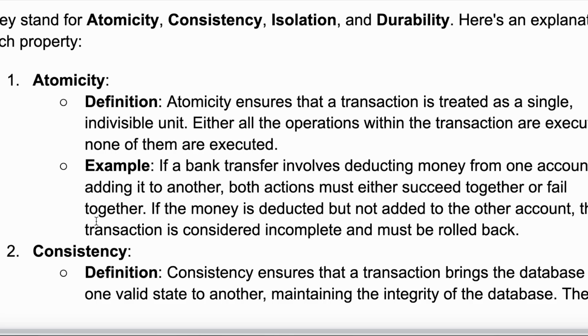Let's say you have a bank account, and a bank transfer involves deducting money from one account and adding it to another account. Both actions must either succeed together or fail together. If the money is deducted but not added to the other account, the transaction is considered incomplete and must be rolled back.